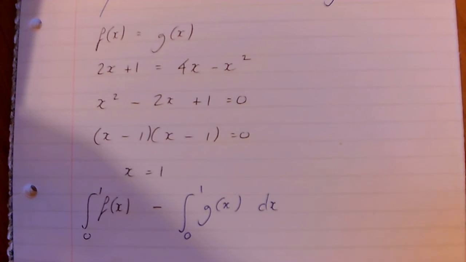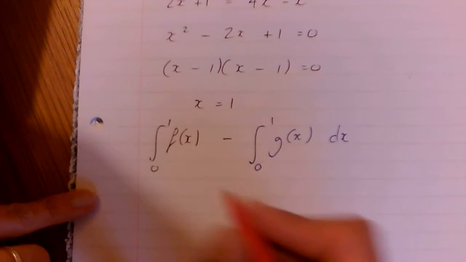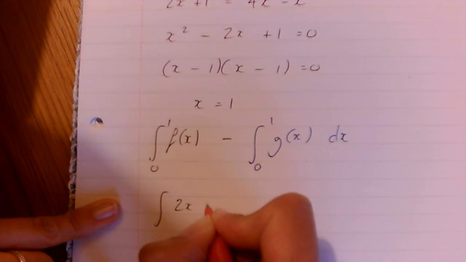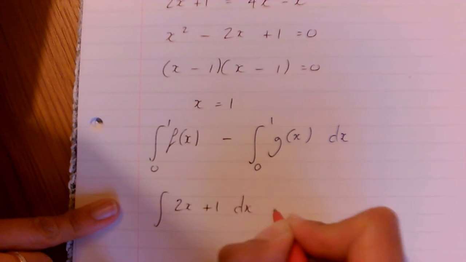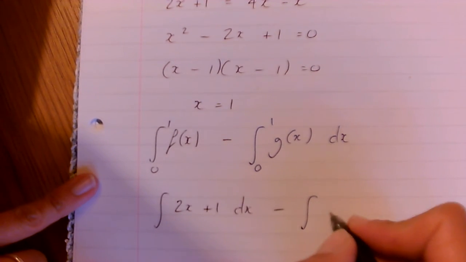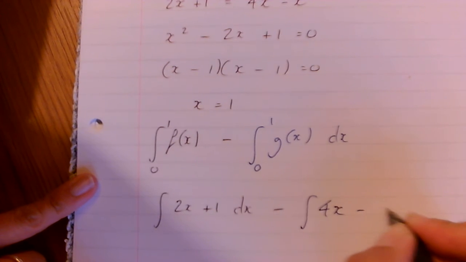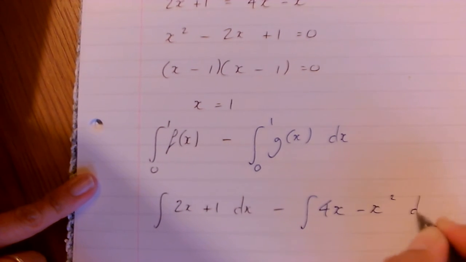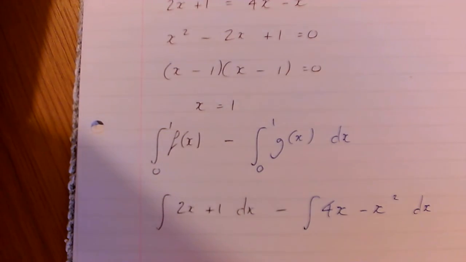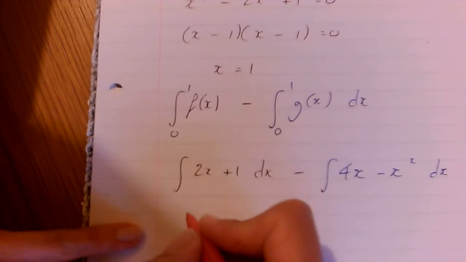Okay, that's what we're looking at doing. Right, f of x was 2x plus 1. I'll have to turn over the page when I do this. So integrating 2x plus 1 dx, taking away the integral of the g of x, which is 4x, take away x squared dx. If you want to do these two bits separately, get your two answers and then take them away. Quite happy for you to do that, doesn't bother me at all.